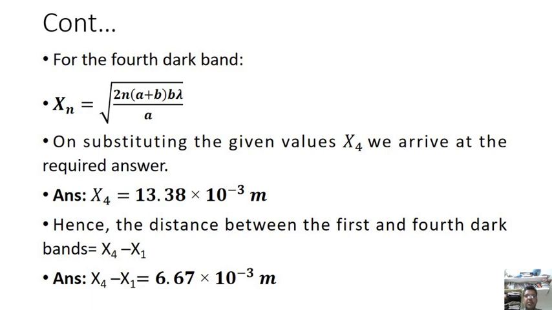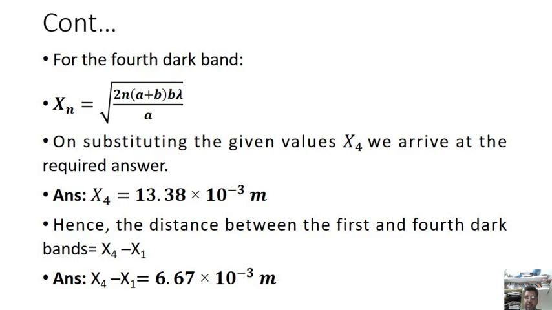Hence, the distance between the first and fourth dark band is x4 minus x1. The difference is 6.67 into 10 to the power of minus 3 meter. That's the fourth problem.